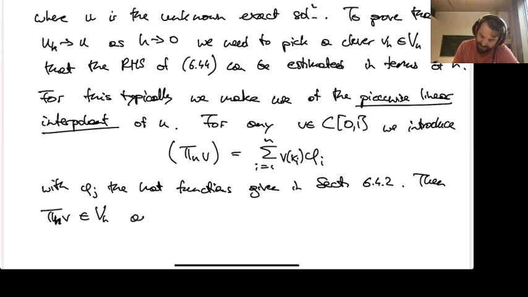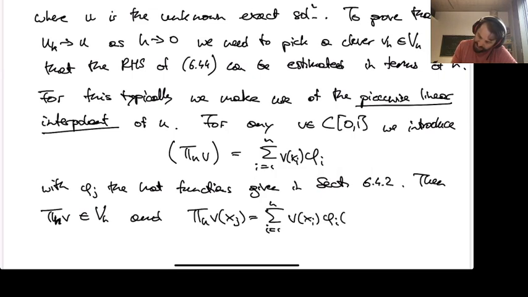And as I said, if I evaluate pi h v at a grid point xj, then we get the sum i equals 1 to n of v(xi) phi i at xj.